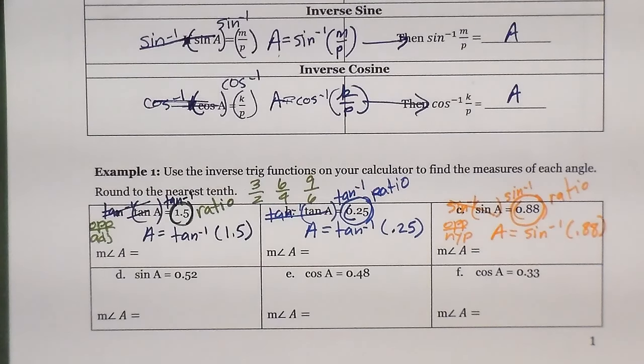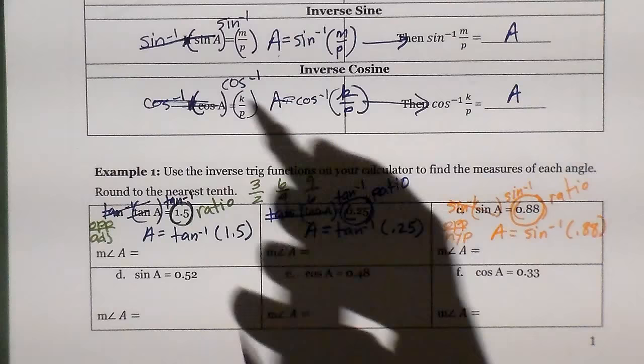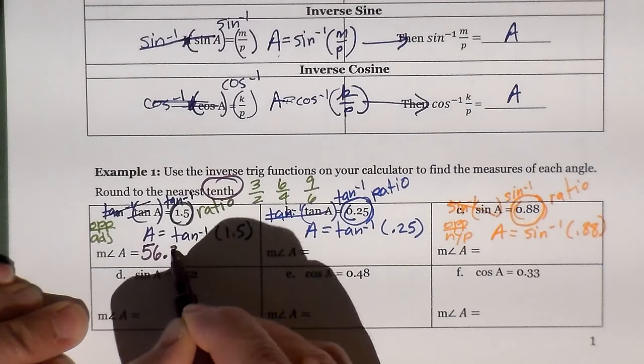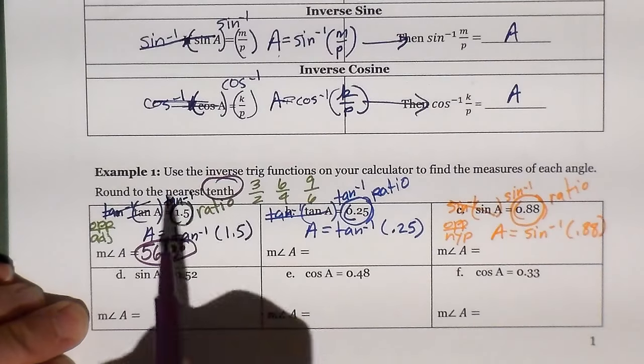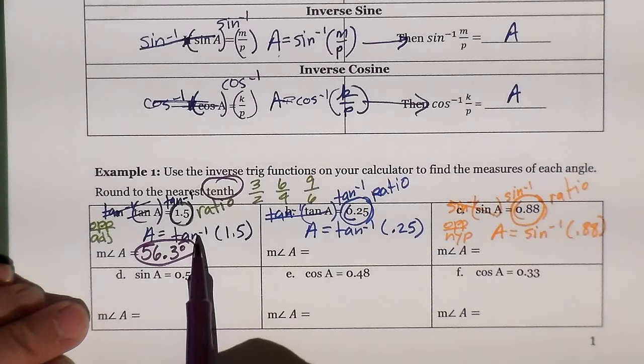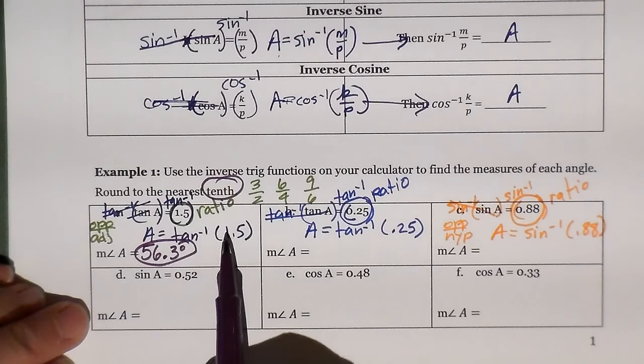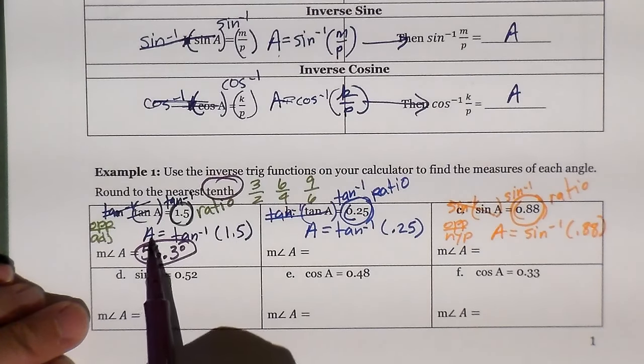And I get 56.31. Now this is asking you to round to the nearest tenth, so 56.3 degrees. If I enter in the calculator second tangent, or arc tangent, and enter the ratio I was given, it gives me the angle.